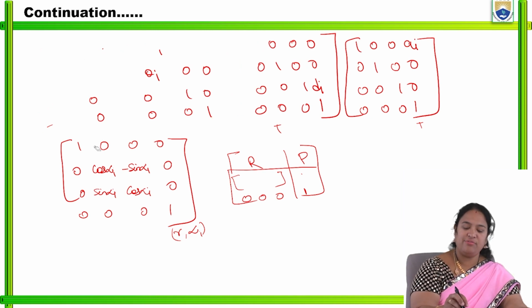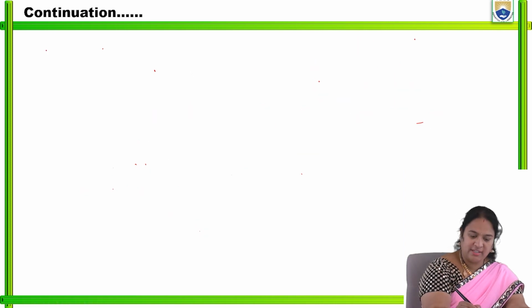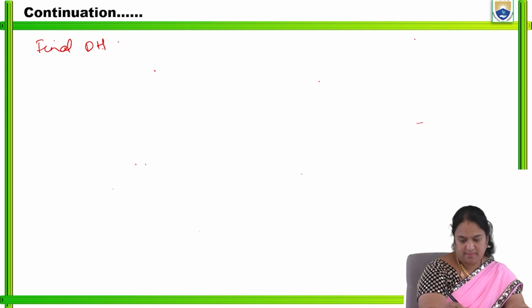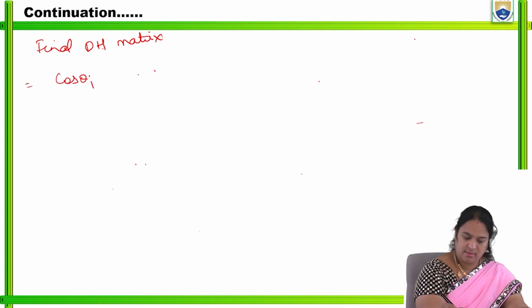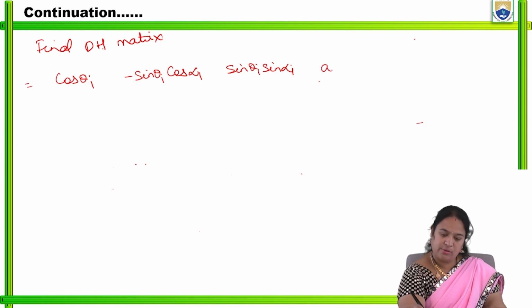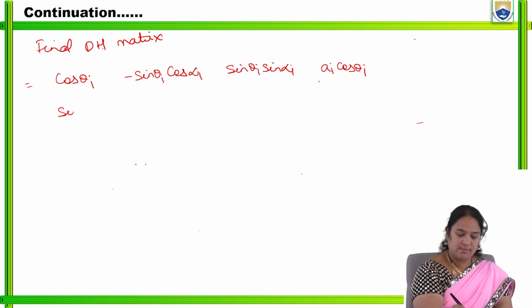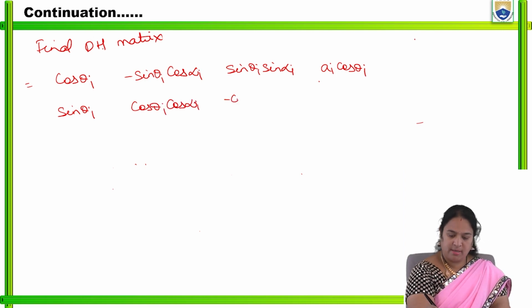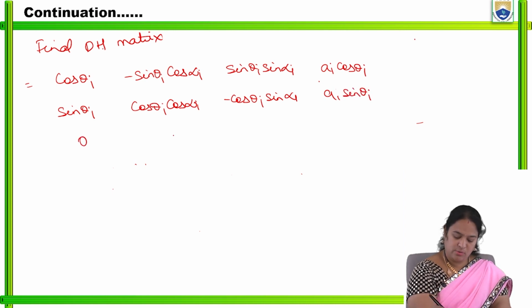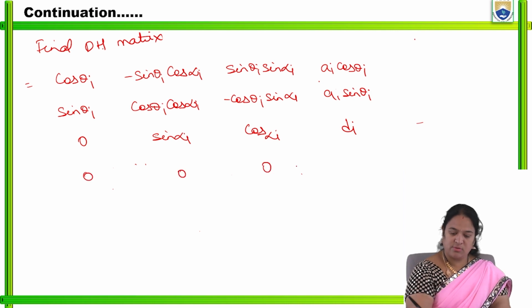With respect to these matrices, we will be writing the final DH matrix as: cos theta I, minus sin theta I cos alpha I, sin theta I sin alpha I, AI cos theta I; sin theta I, cos theta I cos alpha I, minus cos theta I sin alpha I, AI sin theta I; 0, sin alpha I, cos alpha I, di; 0, 0, 0 and 1.